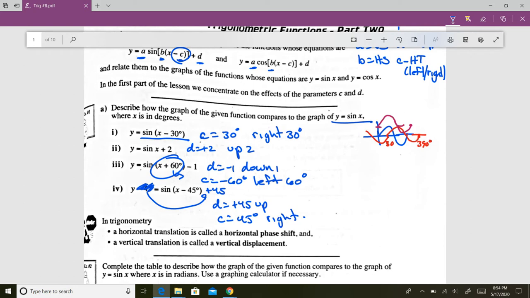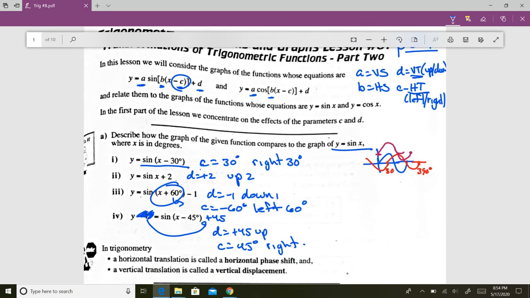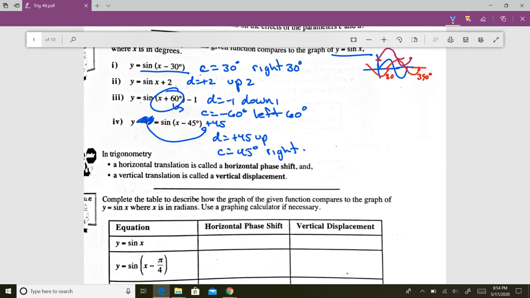And just because trig is trig, instead of calling these horizontal translations and vertical translations, they call them horizontal phase shift for your c value and a vertical displacement for your d value. I don't care if you remember those. Somebody down the road, if you go on in math, probably will, but most people won't. They will know what you mean if you say a horizontal translation or a vertical translation.